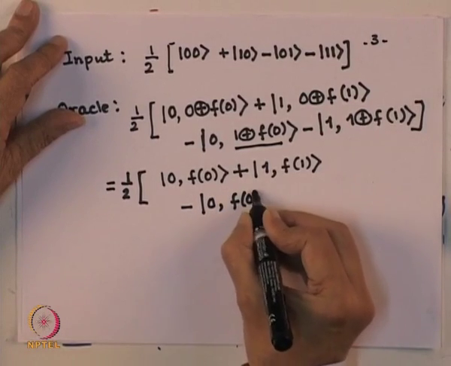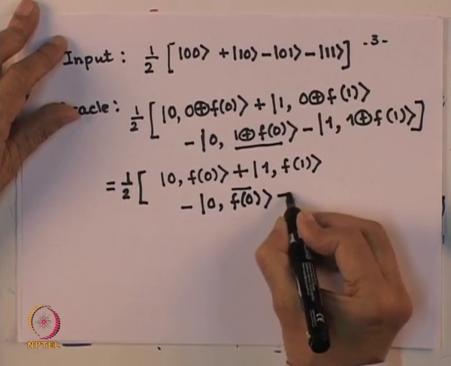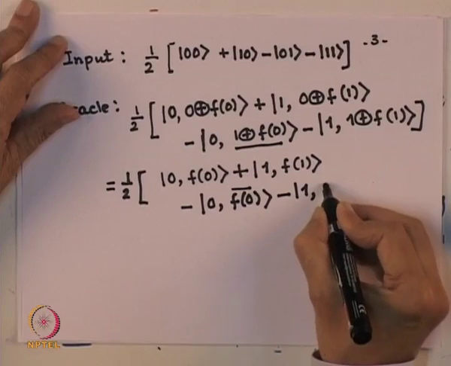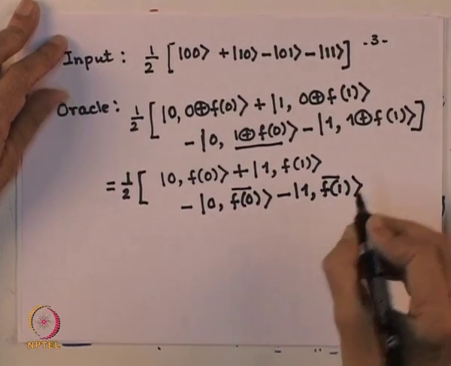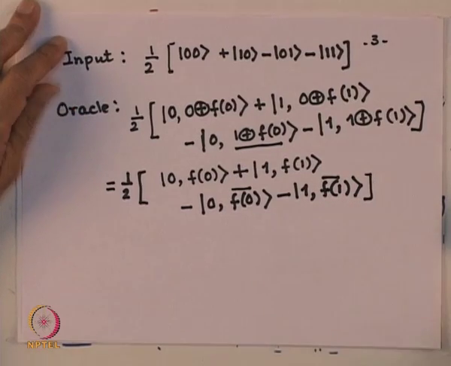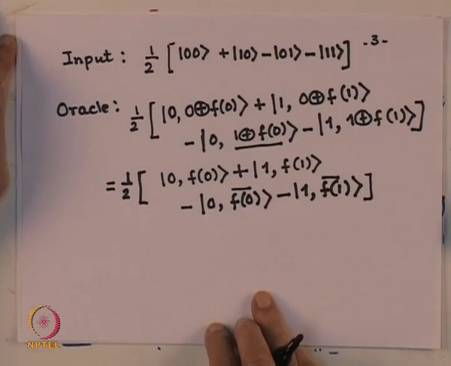So let us write that as f0 bar, minus 1 comma f1 bar.